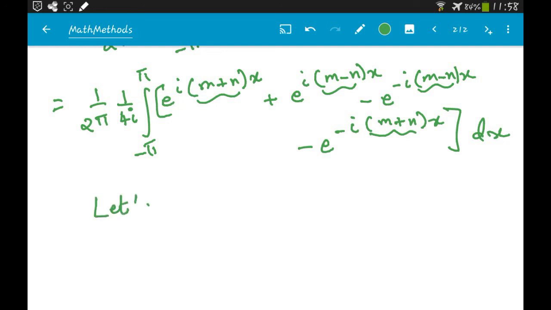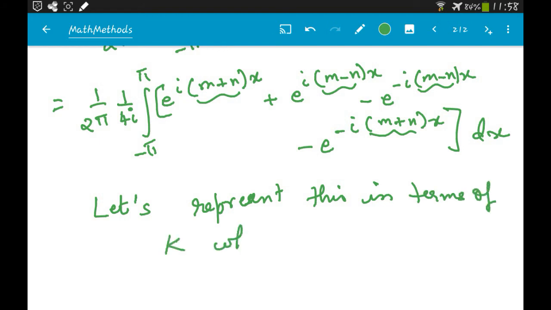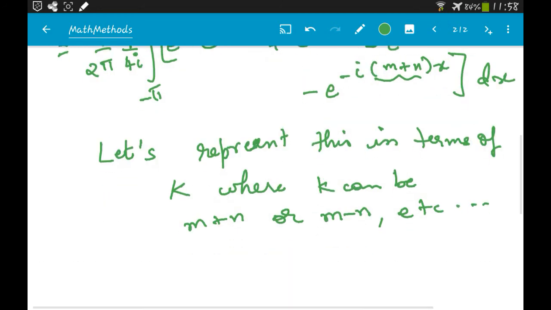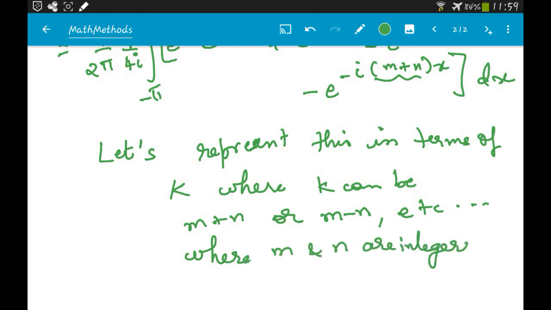So let's represent this in terms of k, where k can be m plus n or m minus n, etc. Right? Where m and n are integers.